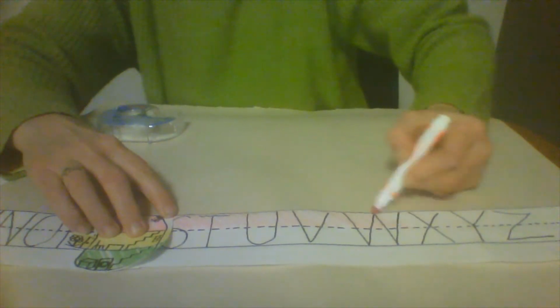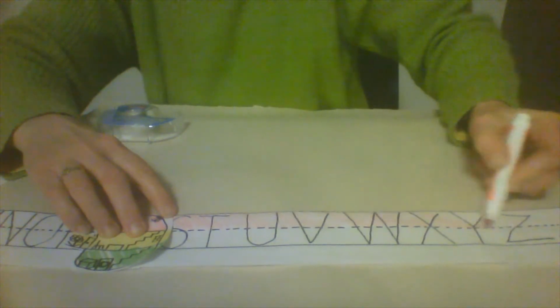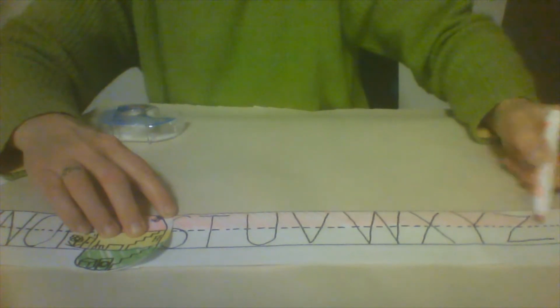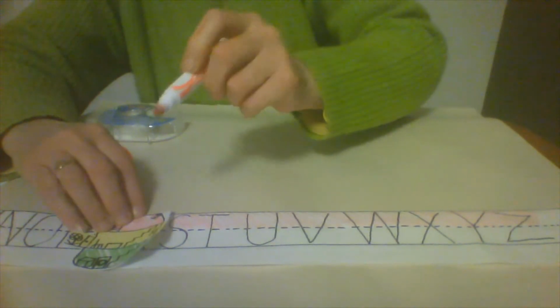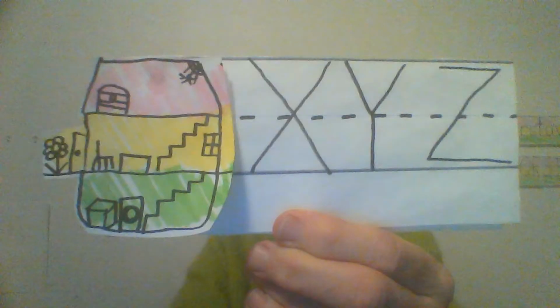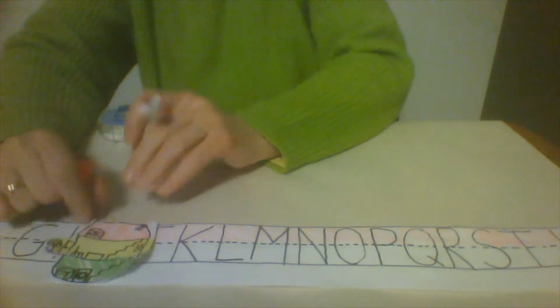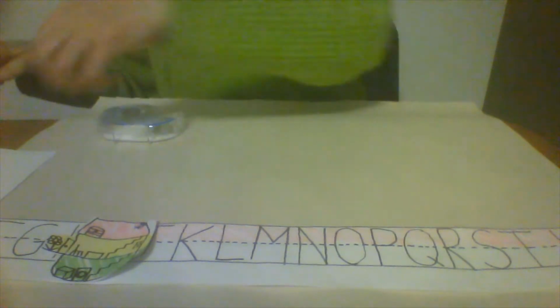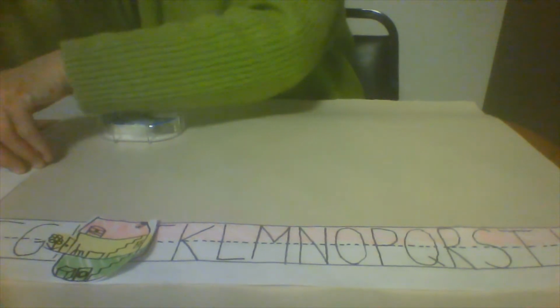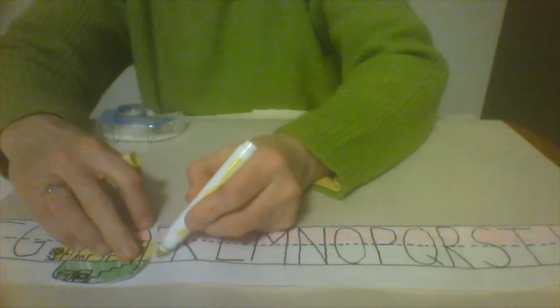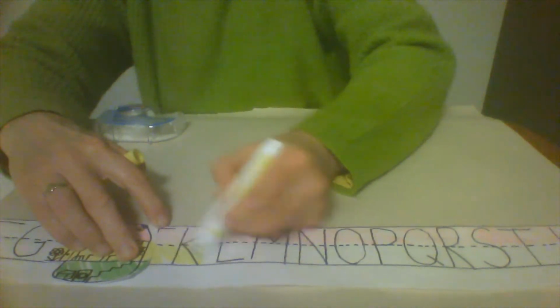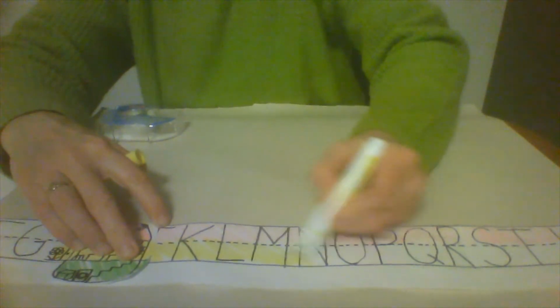Not all letters are allowed into the roof, but the uppercase letters are allowed up into the roof. Take a careful look. And the main floor of the house, where all the letters are allowed to be, is yellow. Shall I colour it in yellow? I'm fast at colouring. Yellow, yellow, yellow.